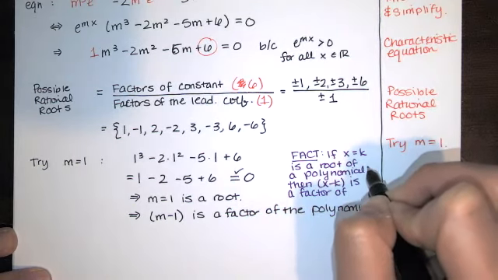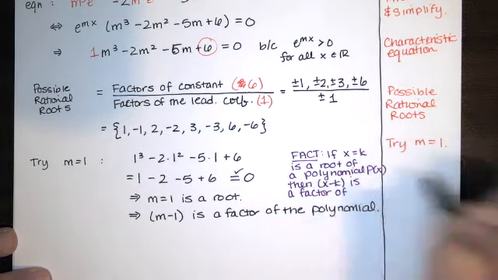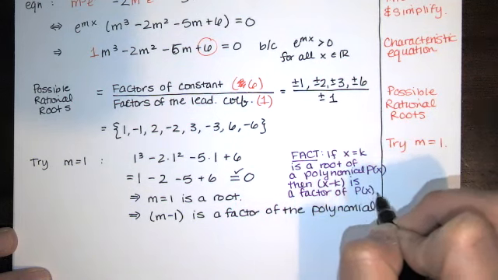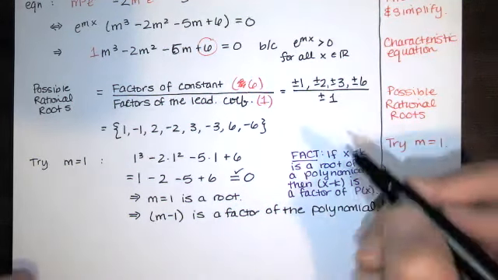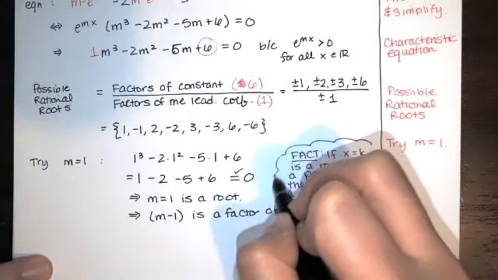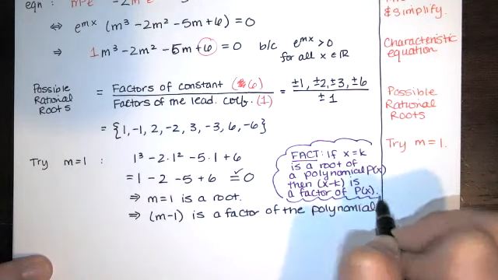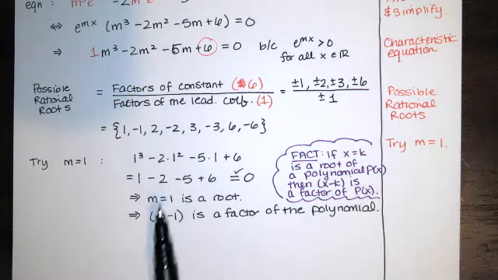I'll label the polynomial p of x. So x minus k is a factor of p of x. That's what I'm applying here, and that's why we were looking for a root.